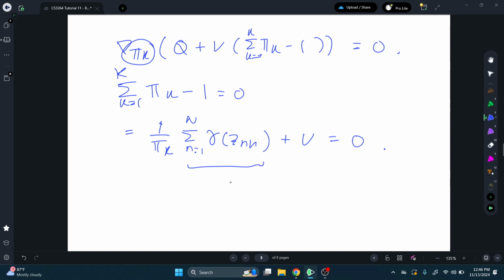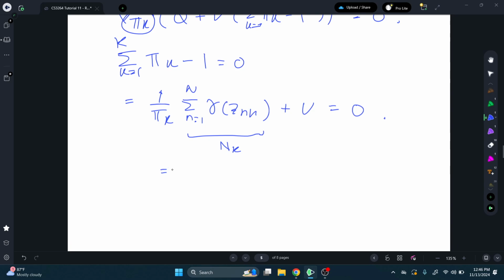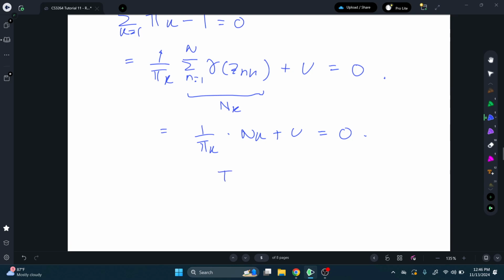So this part, as we have seen just now, is just how many data points are assigned k. So you can set this as 1 over pi k times nk plus your nu, your Lagrangian multiplier, is equal to 0. That's why you will get your pi k itself is just negative of how many data points are assigned k over the Lagrangian multiplier. Okay, so this is your pi k.